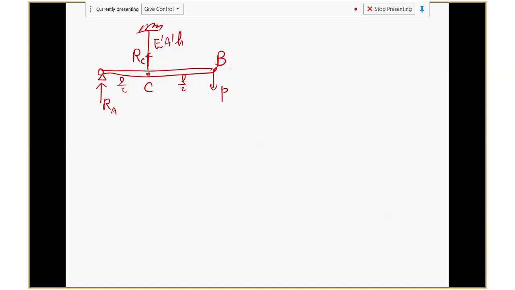I still heard a different voice. It's determinate, right? Okay. Remember this problem? Is this one determinate or indeterminate?